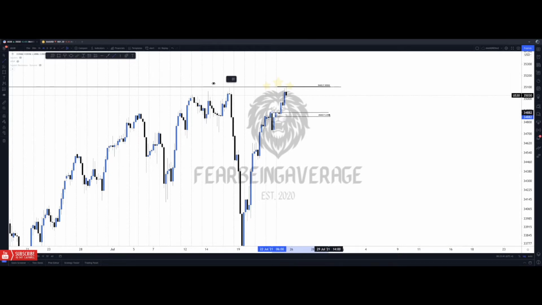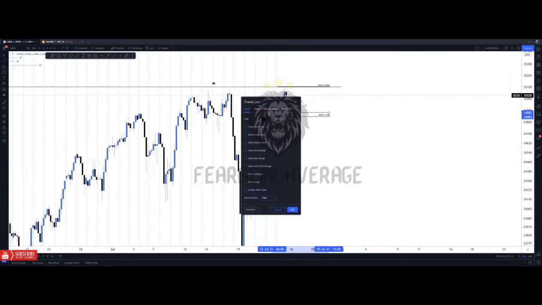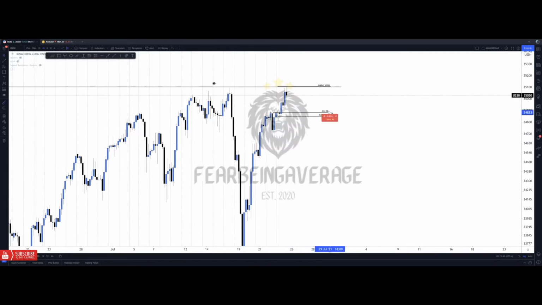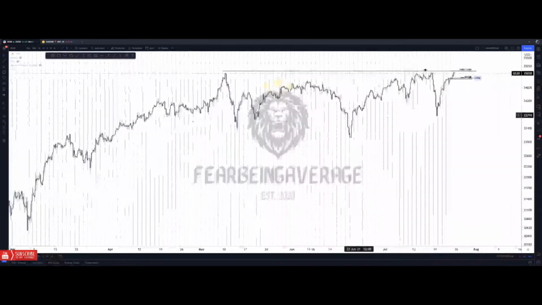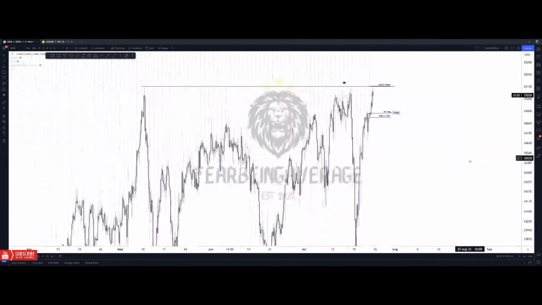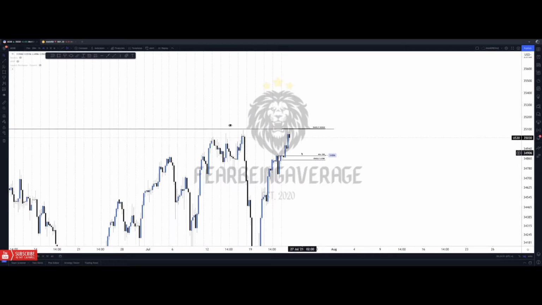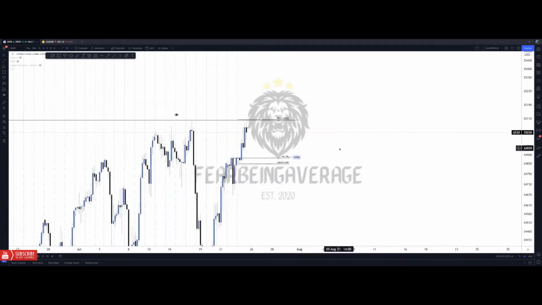So let's mark that up. And what is the level this is at? This is at 34,886. So this is an ideal area, if we get a retracement, to then look for buying opportunities.